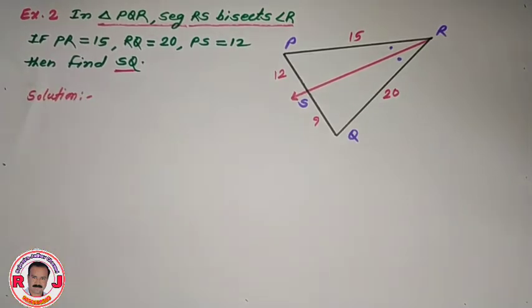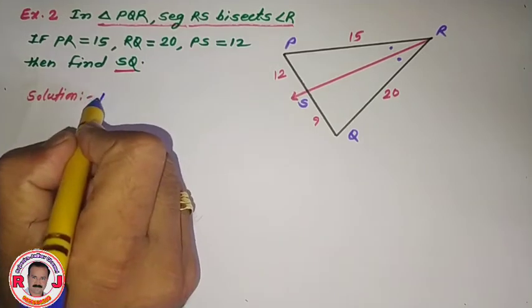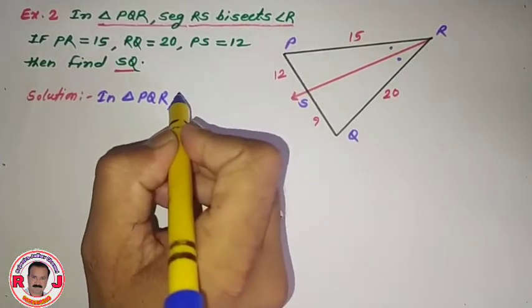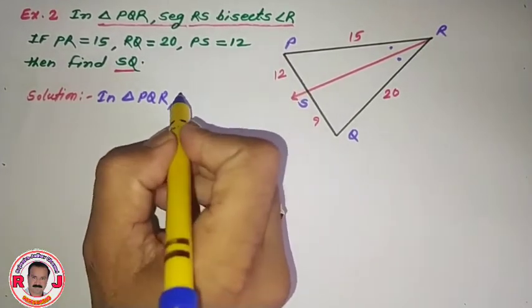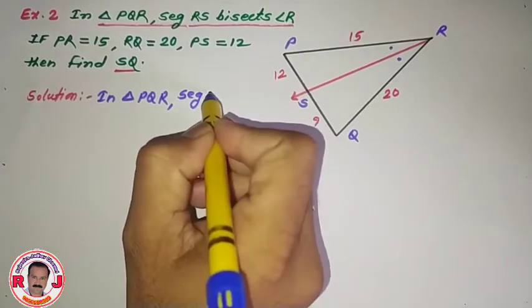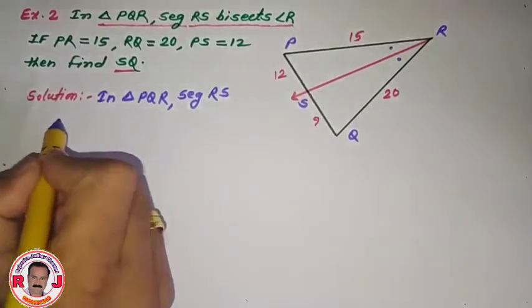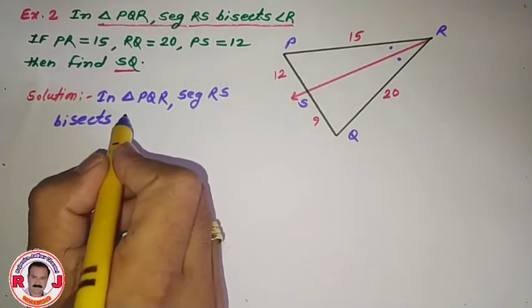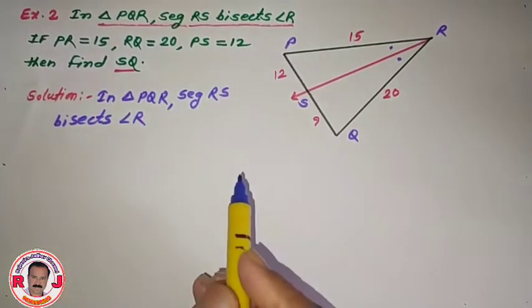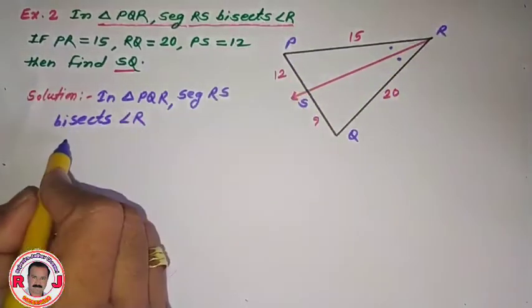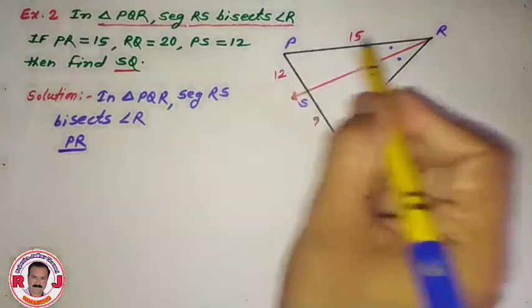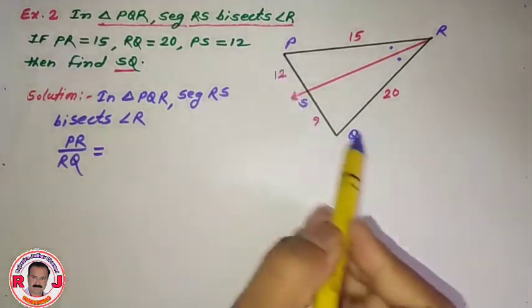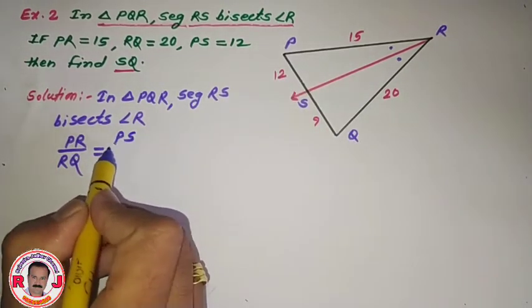Write down here the given: in triangle PQR, segment RS bisects angle R. Therefore, the proportion is PR upon RQ is equal to PS upon SQ.